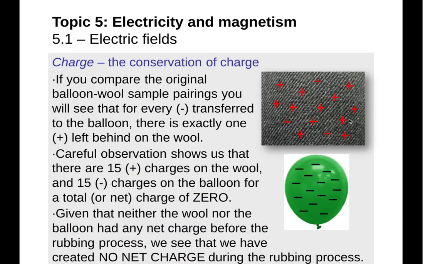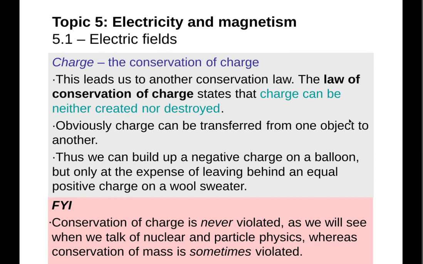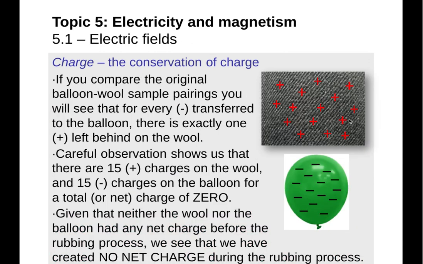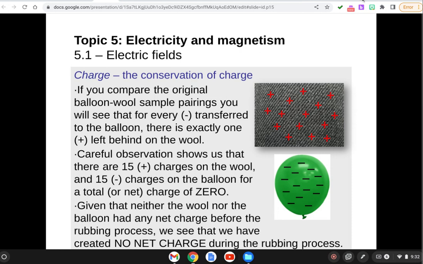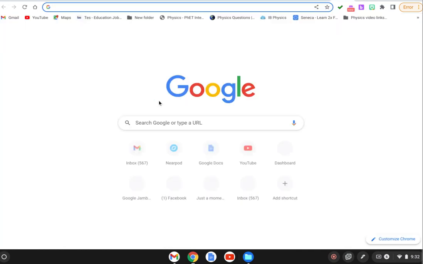So remember this thing, according to law of conservation of charges, if we remove 15 electrons from here, so 15 proton will produce. If we remove 10 electrons from the wool, so 10 proton will produce automatically. Just I will give you the example actually. I will explain with the Jamboard.